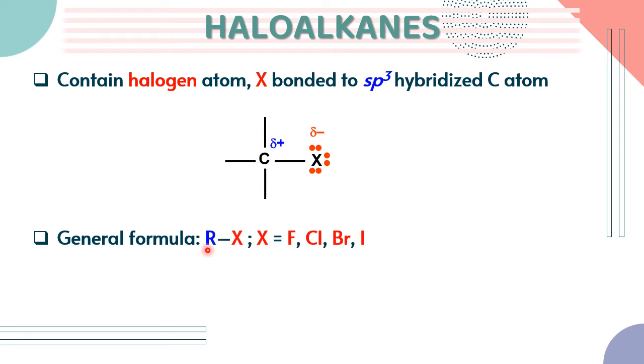This is the general formula for haloalkanes, RX. X here stands for fluorine, chlorine, bromine, or iodine, and R is our alkyl group. So they are also called alkyl halides.